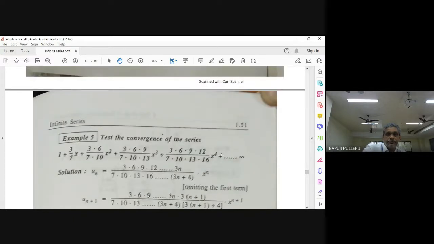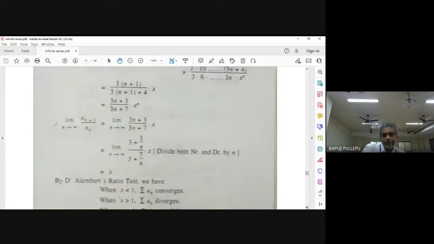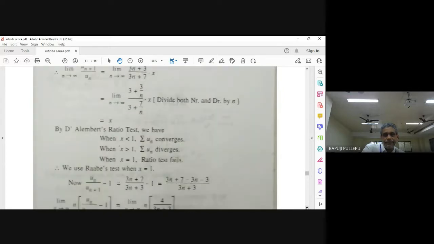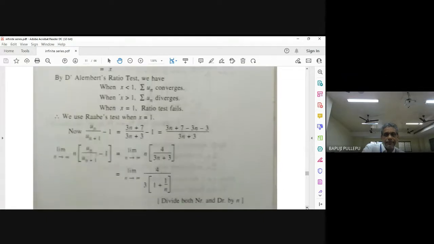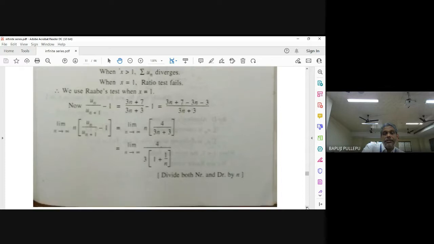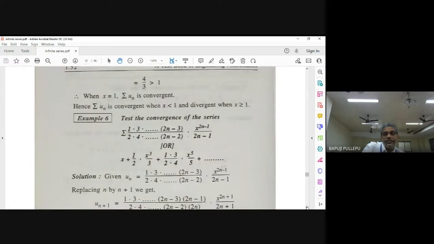This problem is important. These types of sums are very, very important. Using the ratio test, if there are 3 cases to discuss, then go for Raabe's test. Okay. If the ratio test fails, it is guaranteed this also fails.